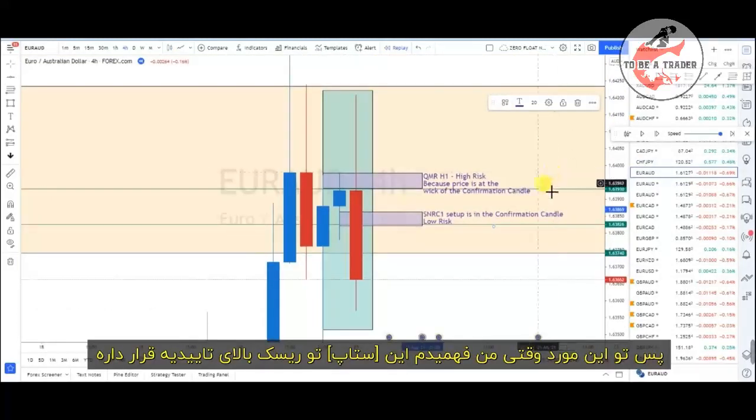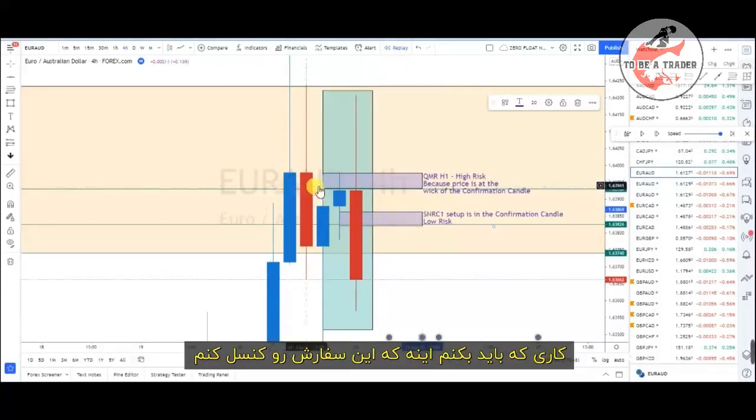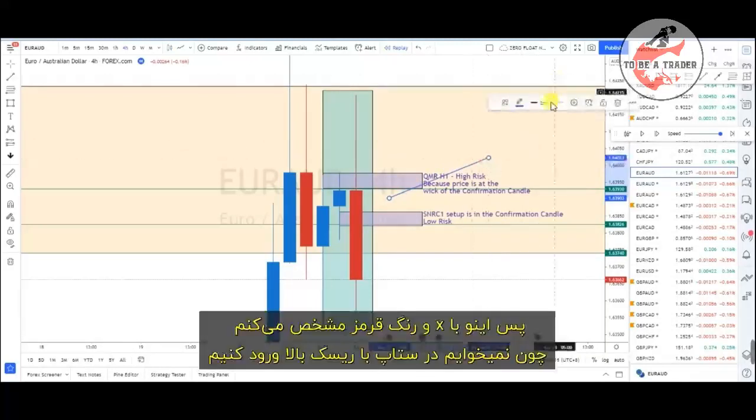So in this case, when I find that this is at the high risk of the confirmation, what I should do is cancel this PO. So I'm gonna mark it with an X in red color. We do not want to enter at the high risk setup.